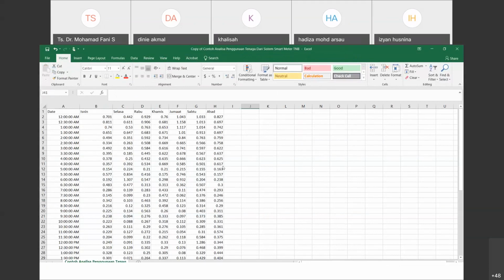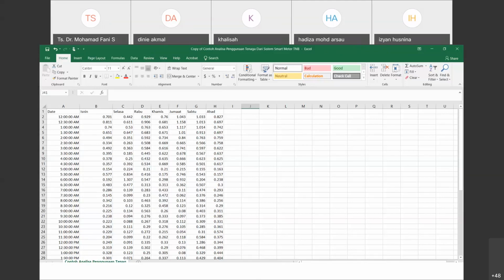Okay, this slide shows the examples of the 7 days. Why 7 days? Because in the standard from the Energy Commission for the energy audit, the minimum record to understand the profile of the energy consumption from any installation is 7 days.